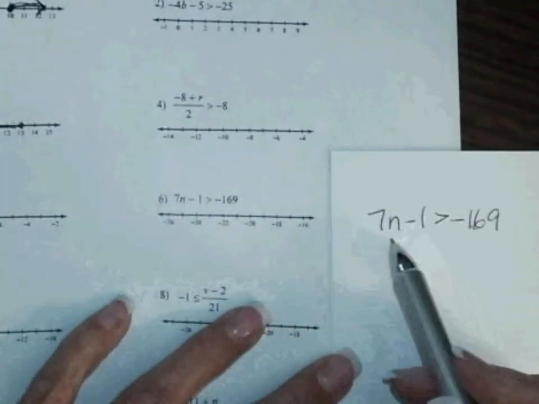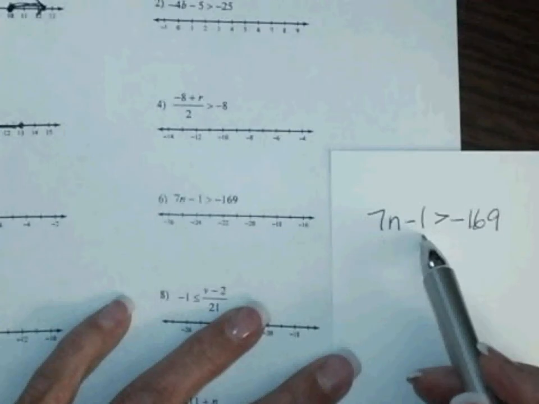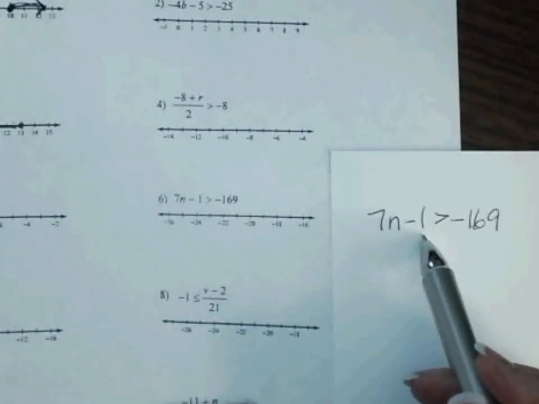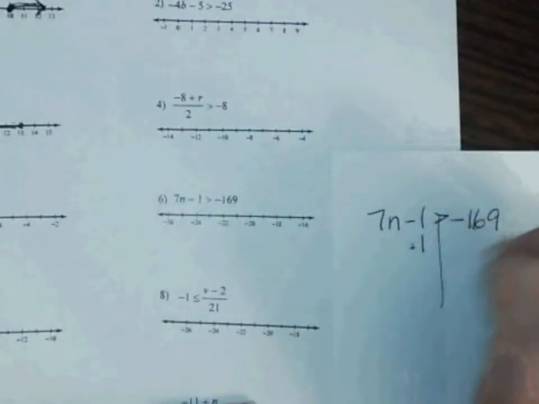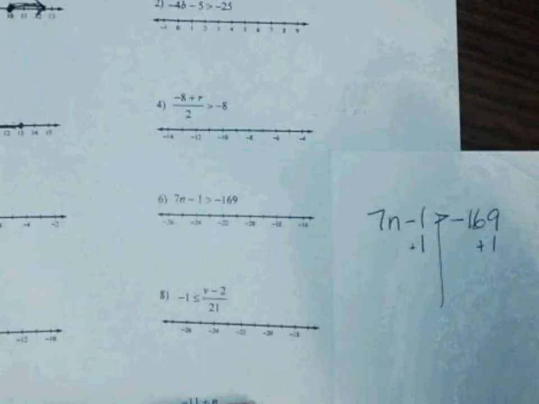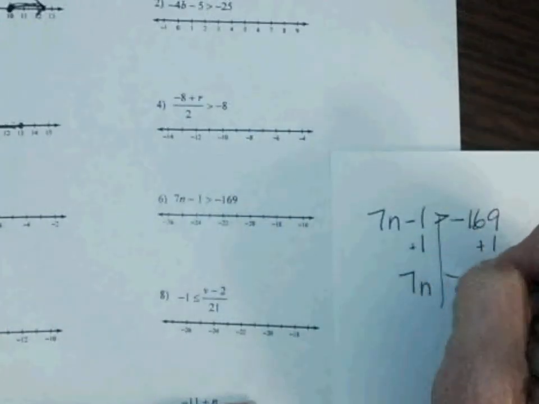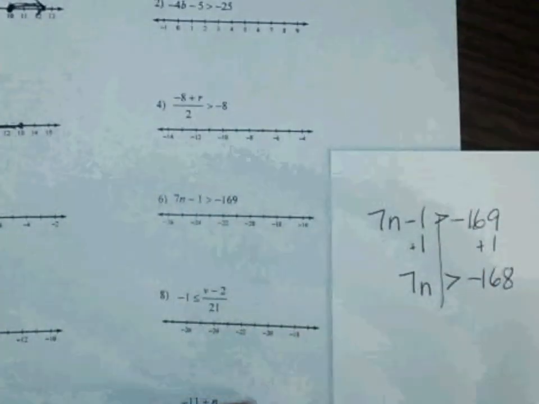I want to isolate my variable, so I'm going to get rid of my constant. My zero pair for negative 1 is positive 1, so they subtracted, so I'm going to add. So I have 7n is greater than negative 168.